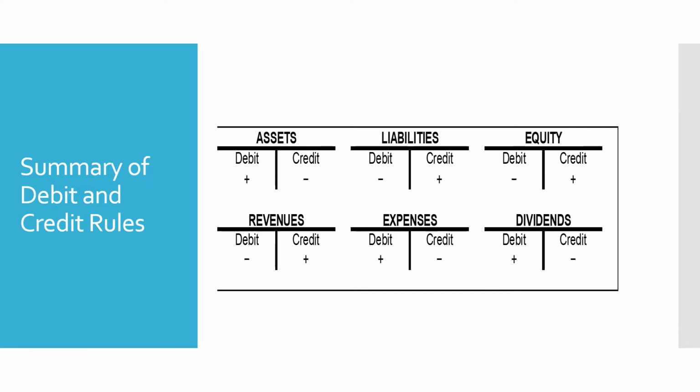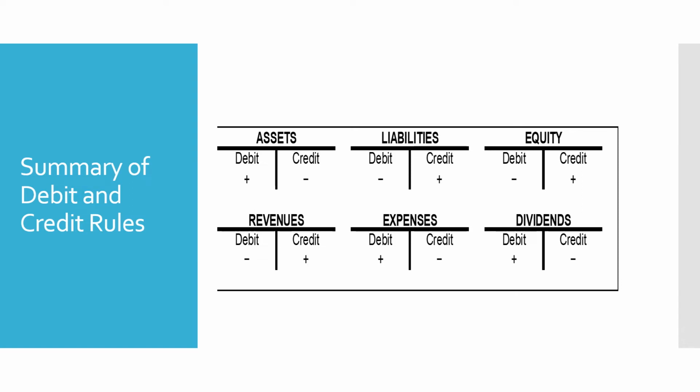Revenues increase equity, specifically retained earnings. So the revenue account works like the other equity accounts. It's increased by credits, decreased by debits, and has a normal credit balance. The expense accounts and the dividends account both decrease equity, specifically they decrease retained earnings, so they work the opposite way of your other equity accounts.